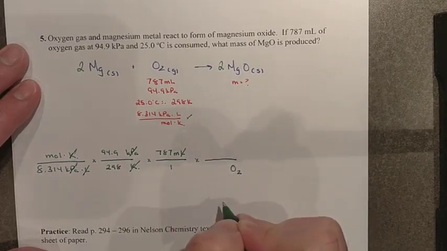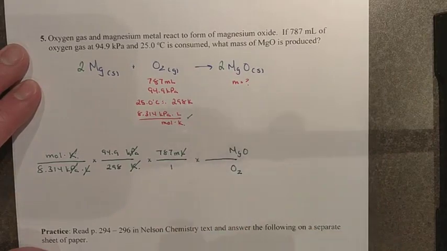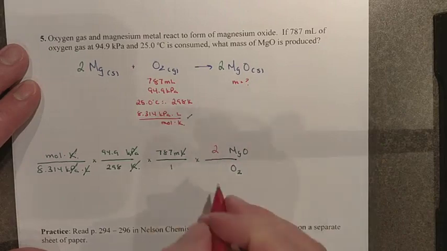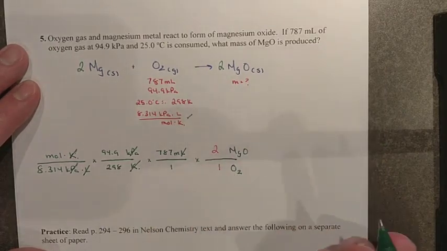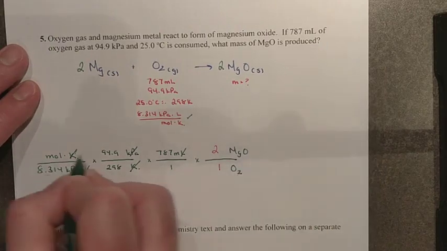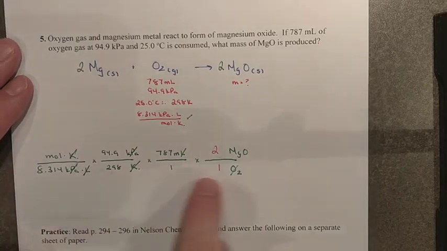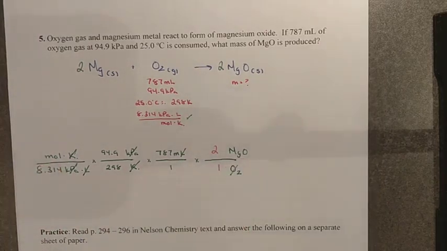I have oxygen gas that I want to get rid of, and I want to get to magnesium oxide. You can see from that mole fraction here that it's 2 parts magnesium oxide to 1 part oxygen. And oxygen now leaves the problem that I forgot to write earlier on. No big deal. And now we have millimoles of magnesium oxide.